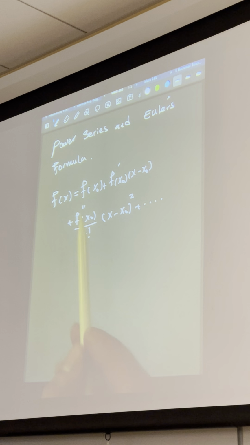So you go first derivative, second derivative, third derivative over 3 factorial times x minus x0 to the power of 3, and then the fourth derivative.